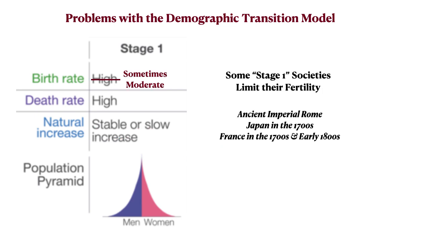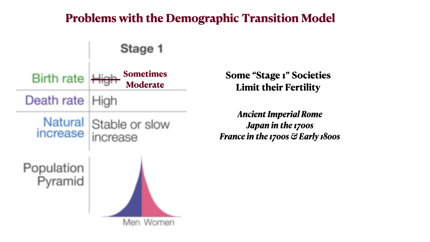Also, there's problems with the birth rate being high, and I crossed it out and added sometimes moderate, because we do know that some stage 1 societies limited their fertility. We've seen this very clearly in ancient imperial Rome, especially for the elite, but for others as well. For Japan in the 18th century, undeniable.